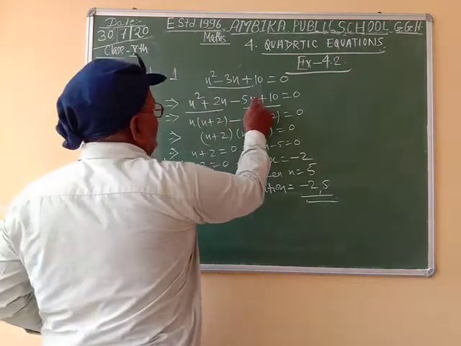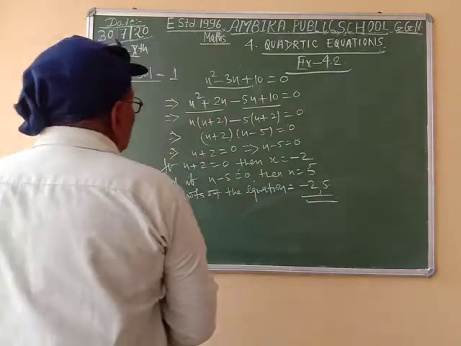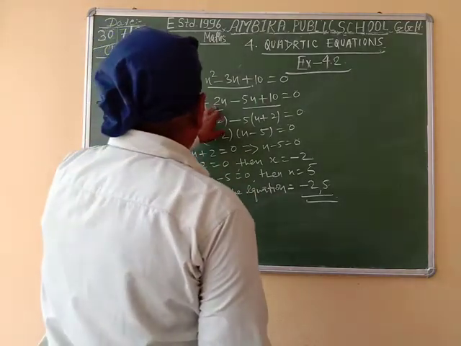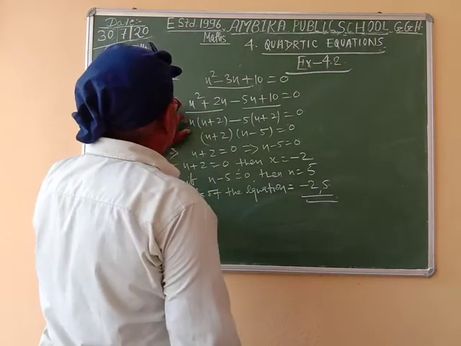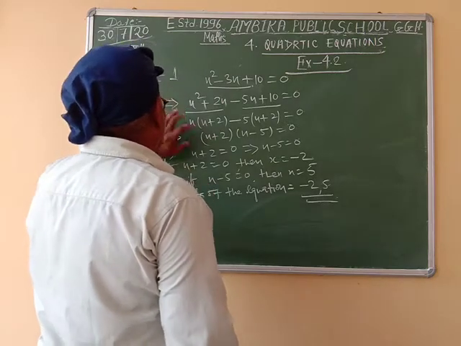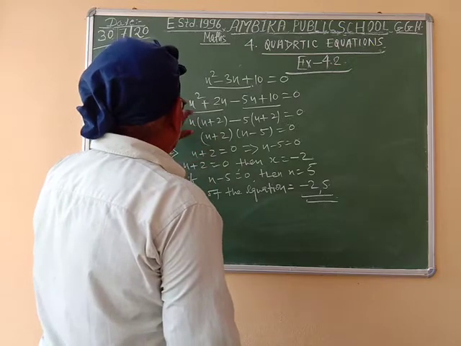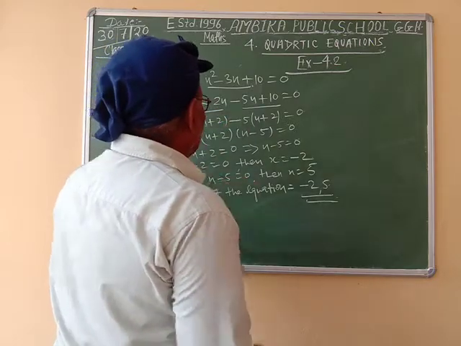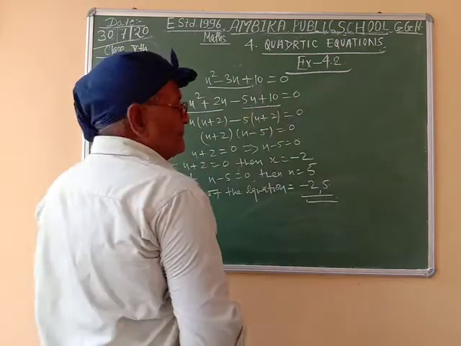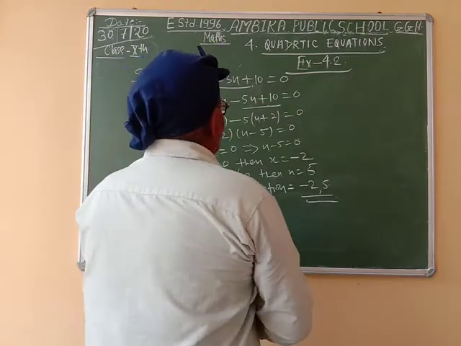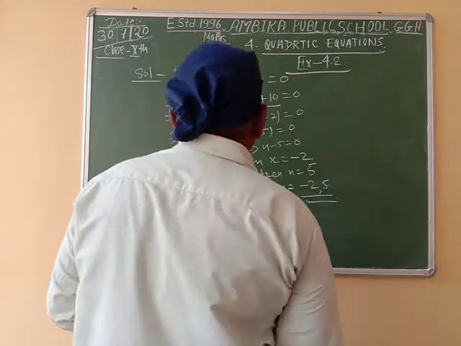Now taking common in x square plus 2x, x is common, so we write outside the bracket x, and in the bracket we write x plus 2. And taking common minus 5, we get x plus 2 in the bracket.